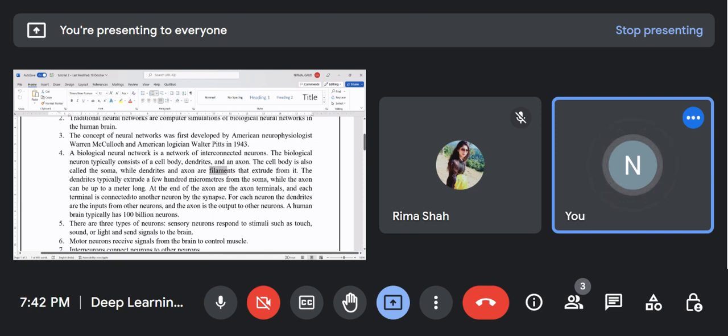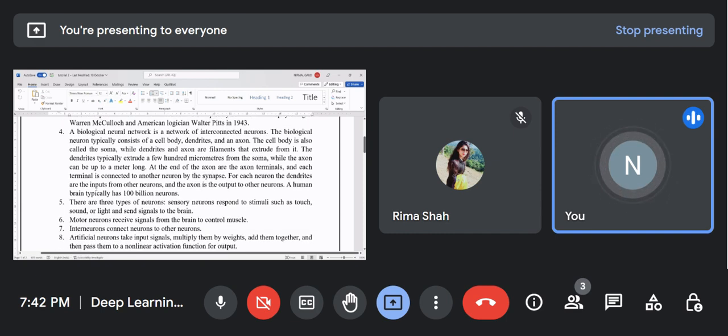So at the end of the axon there is a terminal, and another neuron is connected to it by a synapse. This interconnection is made with the help of a synapse. So one neuron is connected to another neuron by its axon, through a terminal connection, and this connection is called a synapse.